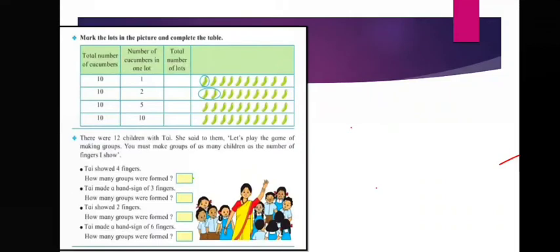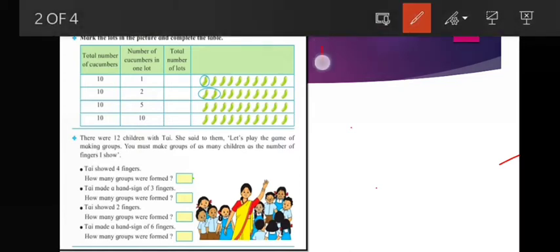So as you can see, there were 12 children with Tai, and she said to them, let's play the game of making groups. So there were how many children? 12 children. Right, children?